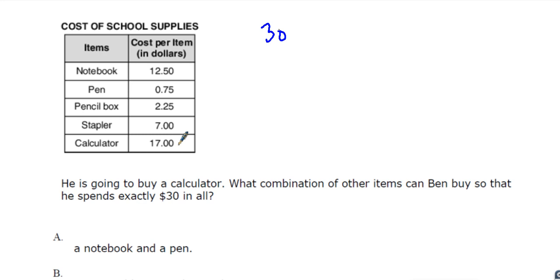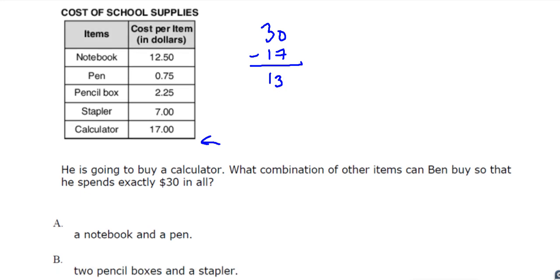He's going to buy a calculator for sure. He's going to spend $17. That means that he's going to be left with $13. So basically what they're asking is, what combination of items can we buy to cost exactly $13.